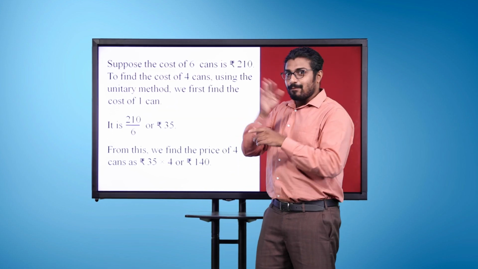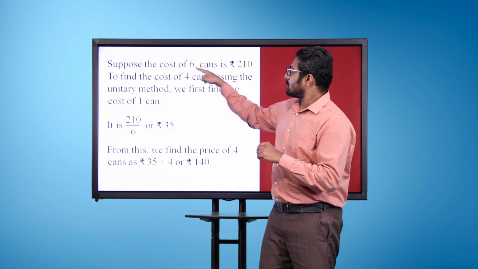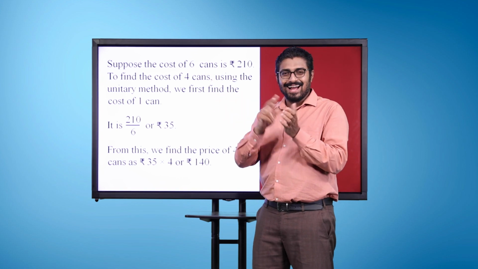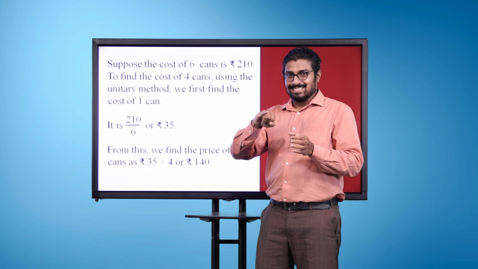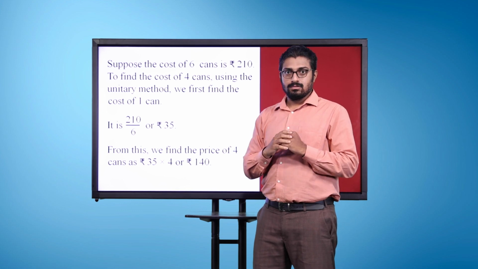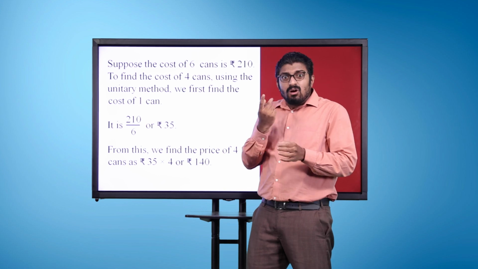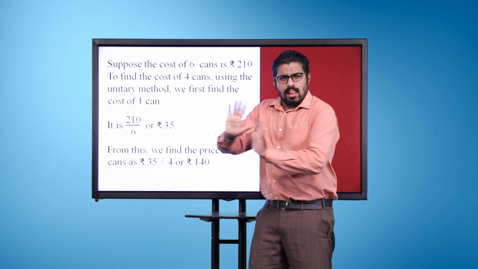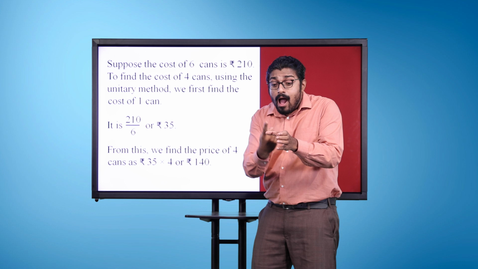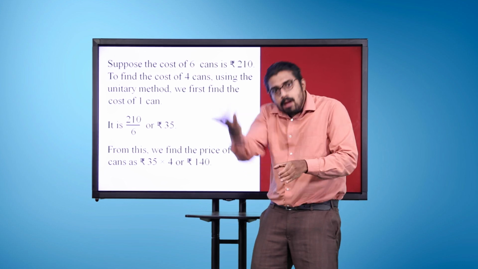Suppose the cost of 6 cans is ₹210. To find the cost of 4 cans, using the unitary method, we first find the cost of 1 can.